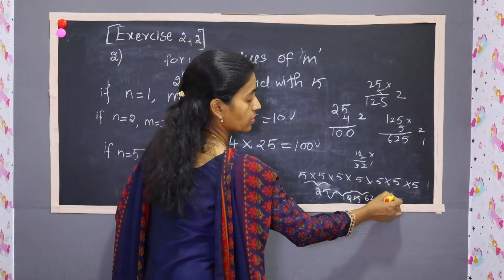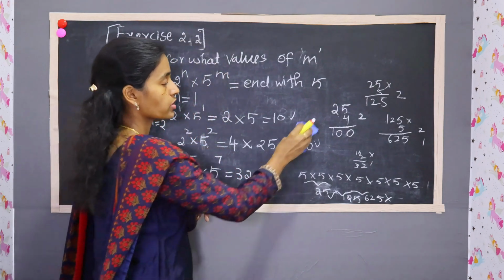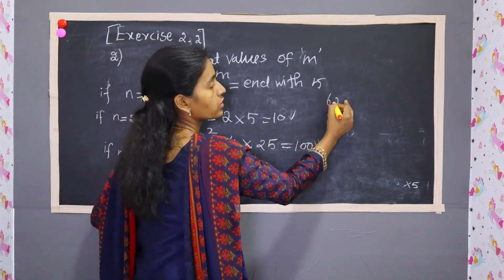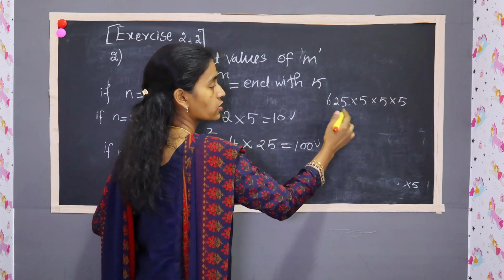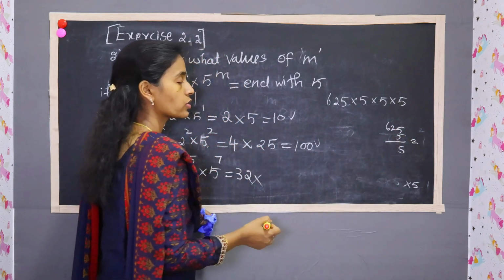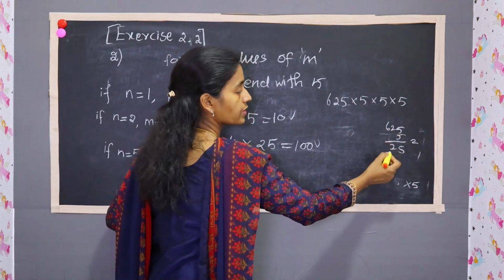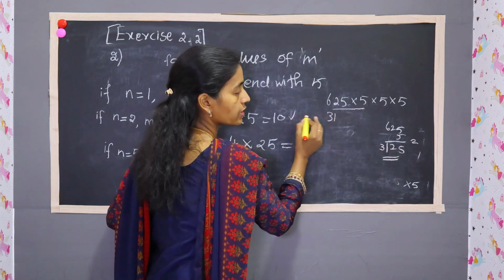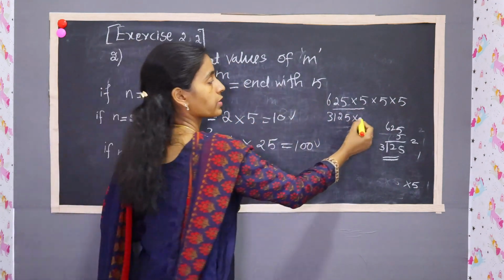So I'm multiplying 625 into 5 into 5 into 5. 625 into 5 gives 3,125, and again 3,125 into 25.